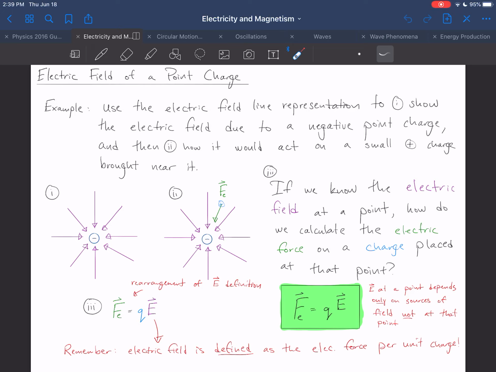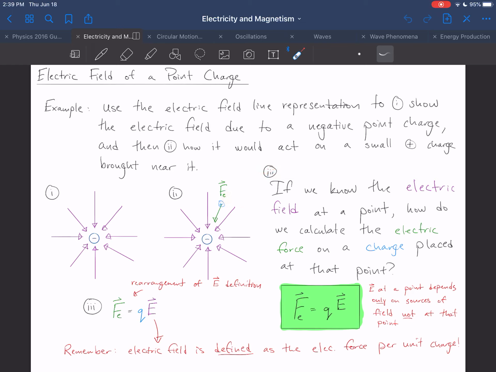Very simple algebra. That gives us Fe equals q times E, but this is a very different interpretation. Same formula, different interpretation. Now, the electric field produced by that negative charge is interacting with the external charge, that light blue positive charge right here. They multiply together, and that gives you the electric force that acts on the positive charge.